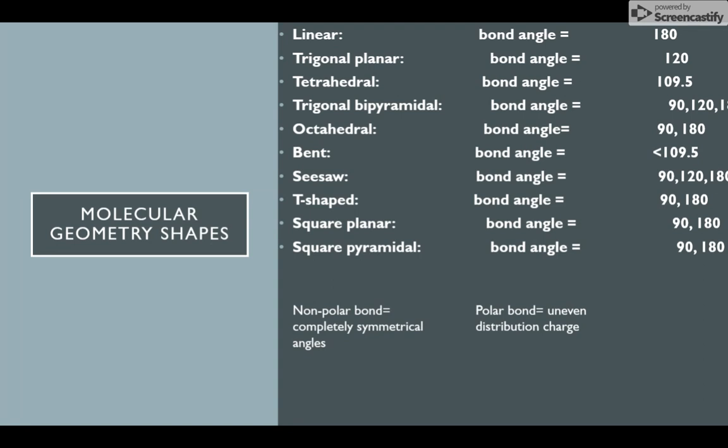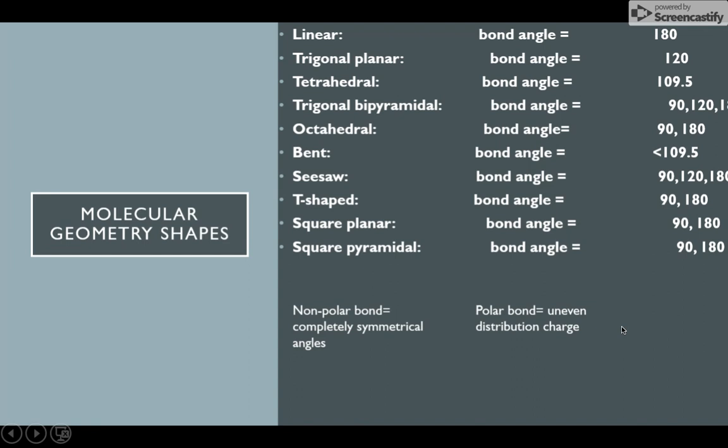On this slide, I've put the different types of molecular geometry shapes that molecules can have. With linear, the bond angle is 180. With trigonal planar, the bond angle is 120. Tetrahedral, the bond angle is 109.5.